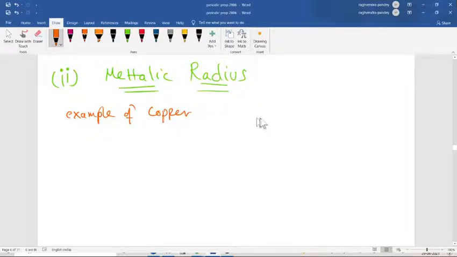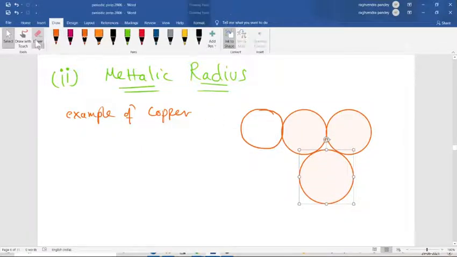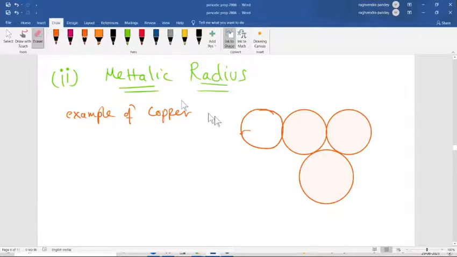These are copper atoms, and they just touch each other. There is no sharing or anything like that.